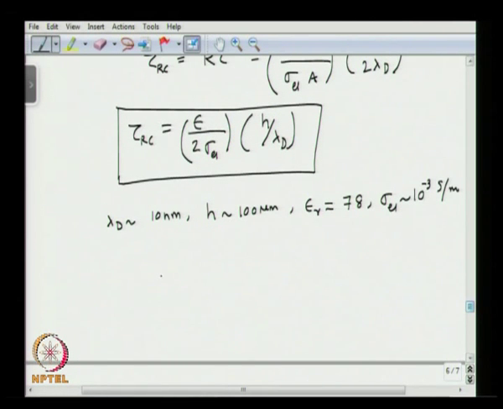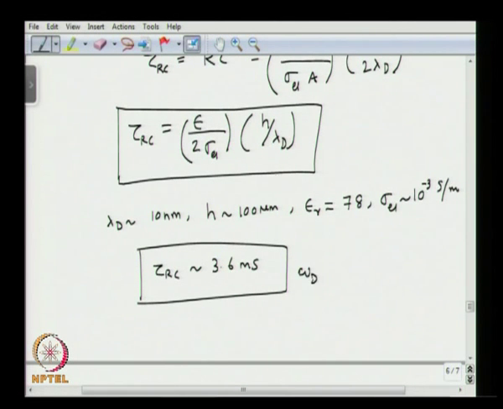So from there we can find tau RC is of the order of 3.6 millisecond, and we can find the angular frequency also, 2 pi divided by tau RC, which is about 1.7 into 10 to the power 3 radian per second.